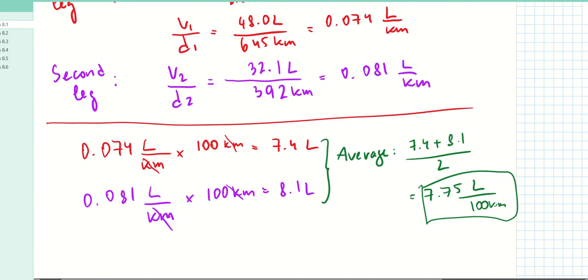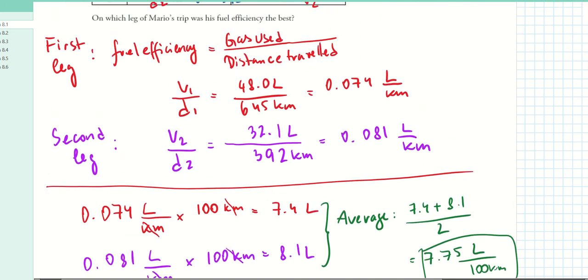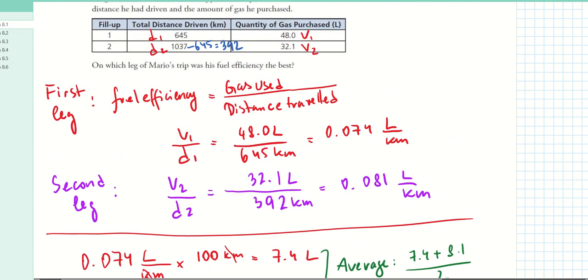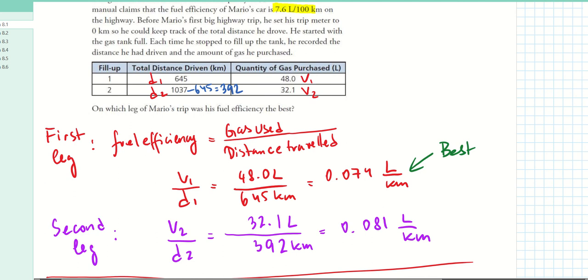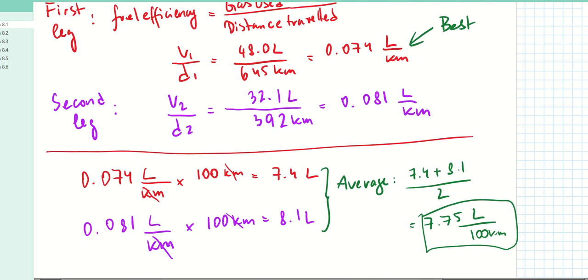So the question was, which was the best leg of his trip? The first one, this is the best. And then just to see if their claim was true, we did this conversion, which is not what the question asked, but just to see if it was actually true or not.